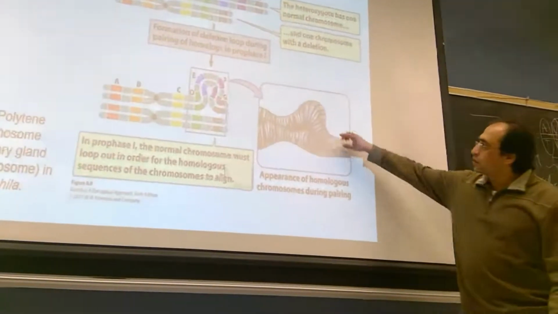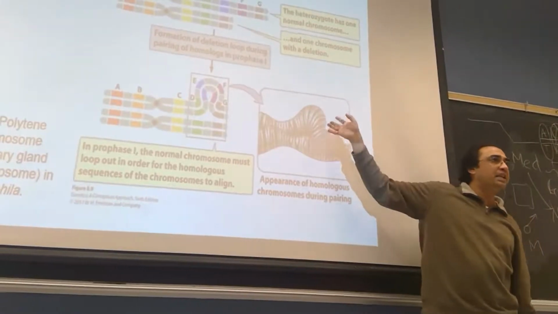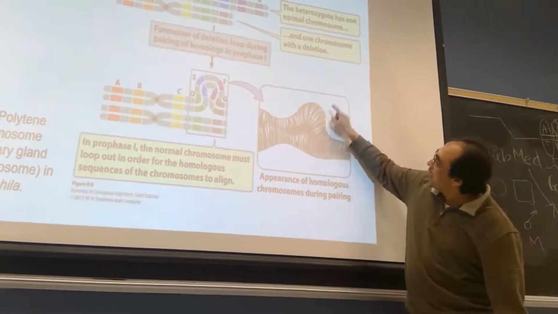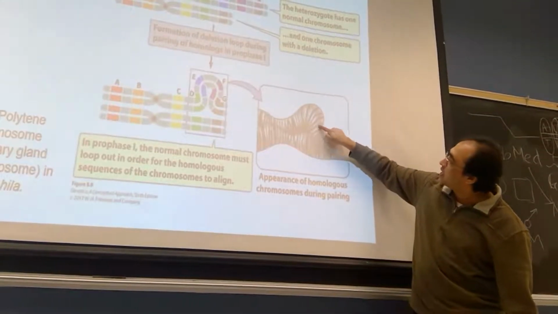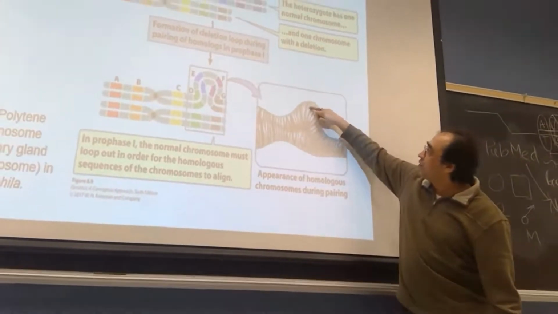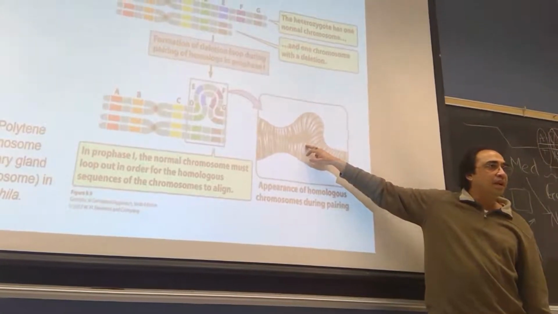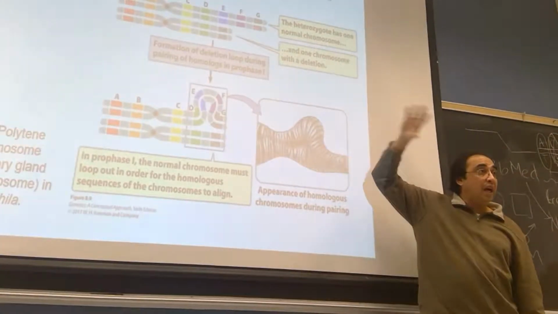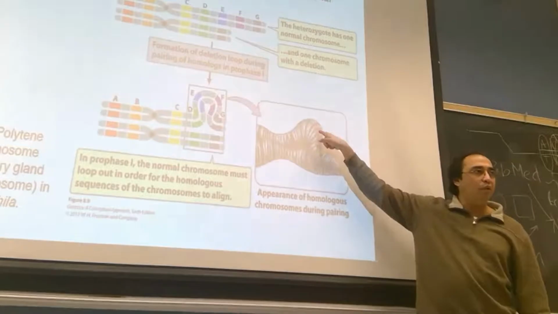These polytene chromosomes have different kinds of bands, which denote their genes. From here you can find that this band is matching with this one, and this band is matching with this one, side by side, and the rest of these bands are missing in this chromosome. So this picture from the slide creates this kind of loop.